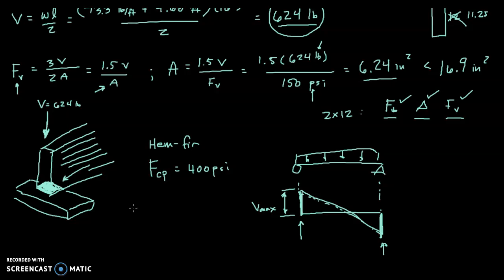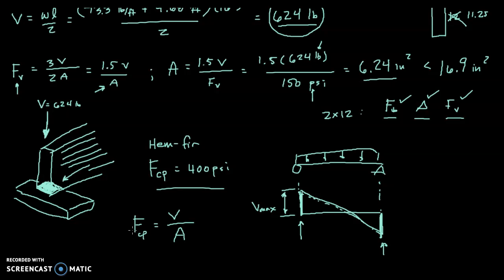So we need to make sure that this load divided by this area does not exceed this allowable stress. So stress is equal to load, which we've used P in the past to represent load. We can use V for the shear divided by area. And the particular stress here is compression perpendicular to the grain.